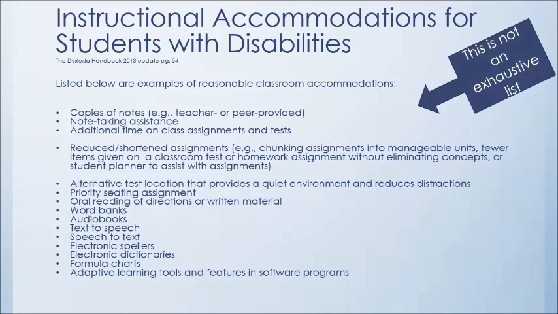This is not an exhaustive list, but it is comprised of copies of notes, note-taking assistance, additional time on class assignments and tests, reduced or shortened assignments, alternative test location that provides a quiet environment and reduces distractions, priority seating assignments, oral reading of directions or written material, word banks, audiobooks, text-to-speech or speech-to-text, electronic spellers, electronic dictionaries, formula charts, adaptation of learning tools, and features to software programs.